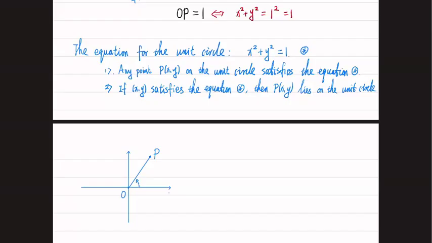The angle from the positive x-axis is denoted as theta. It is called the position angle.